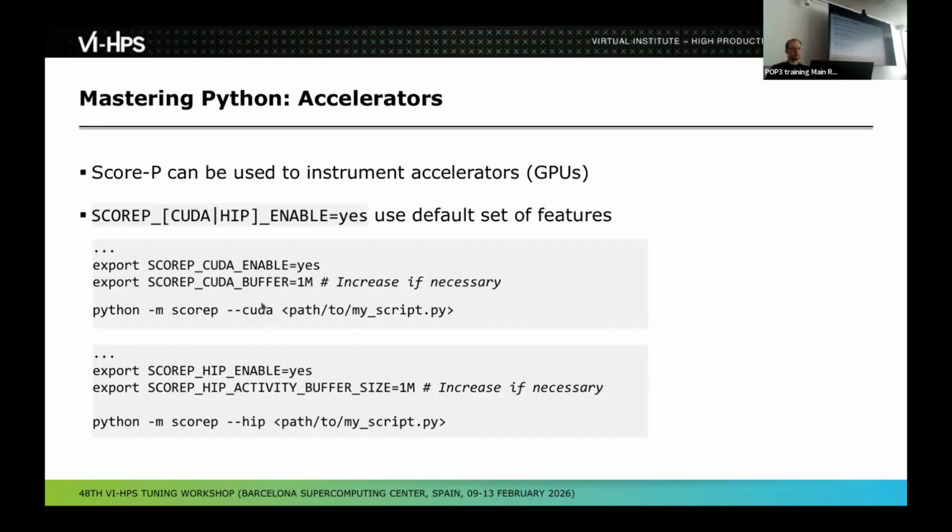If you're running into buffer problems with Scorpy, you're generally getting a message that you should increase the buffer size to a necessary value. In particular, with buffer flushes from tracing, you want to avoid them at all costs, because they disturb your measurement to a hefty degree.